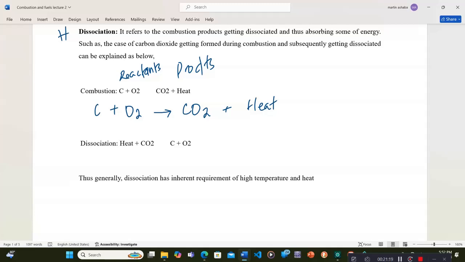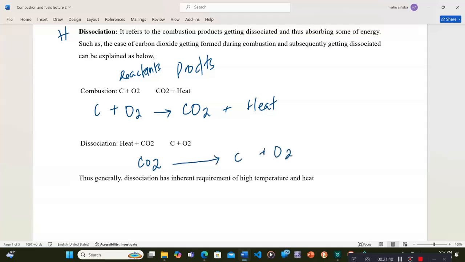Now, dissociation here would, as we have already said, have carbon dioxide releasing carbon plus oxygen.